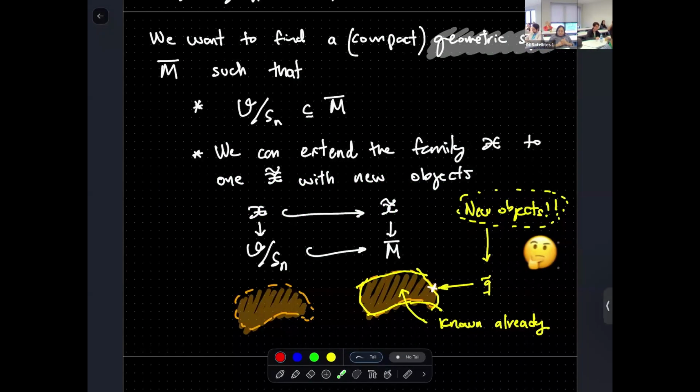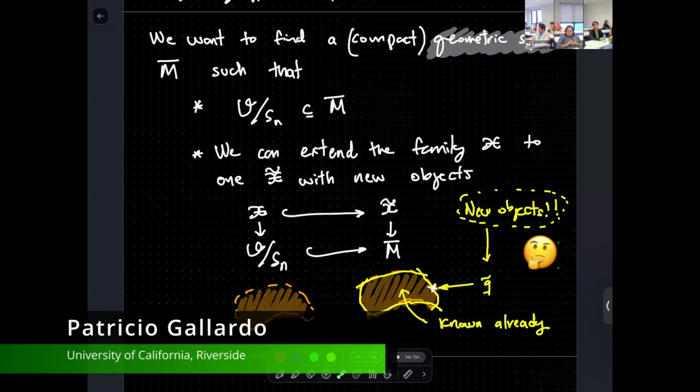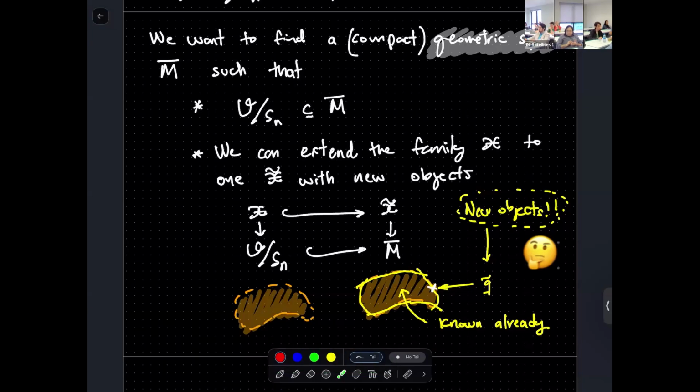Each point has an object, right? We're keeping track of objects. So when you compactify, you are adding things at infinity. Just think about the real numbers: when you compactify, you get a circle, you add a point at infinity. But because every point here corresponds to an object that we parameterize, adding new points implies that we have to add new objects.